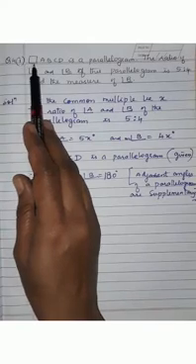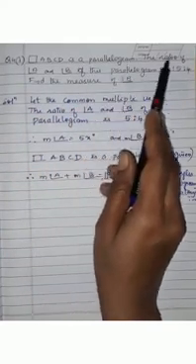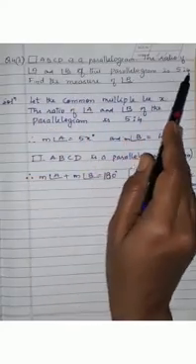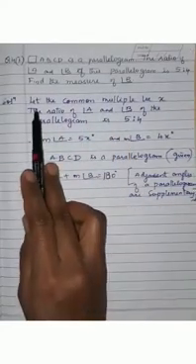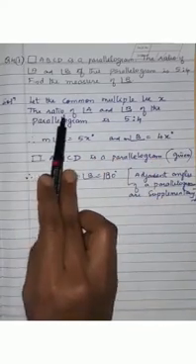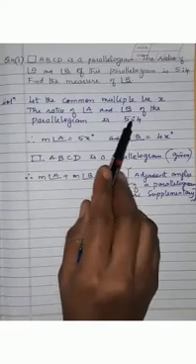Now students, let us start with question number 4, sub question 1. Here quadrilateral ABCD is a parallelogram and the ratio of angle A and angle B of this parallelogram is given to be 5:4. Then find the measure of angle B. So children, we will start here as: let the common multiple be x. Then the ratio of angle A and angle B of the parallelogram is given to be 5:4.